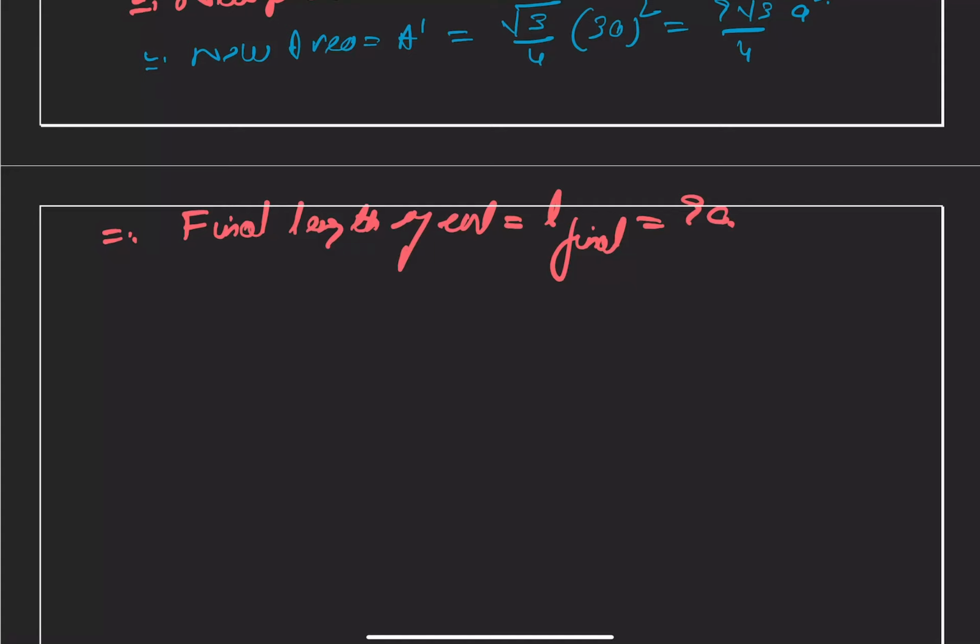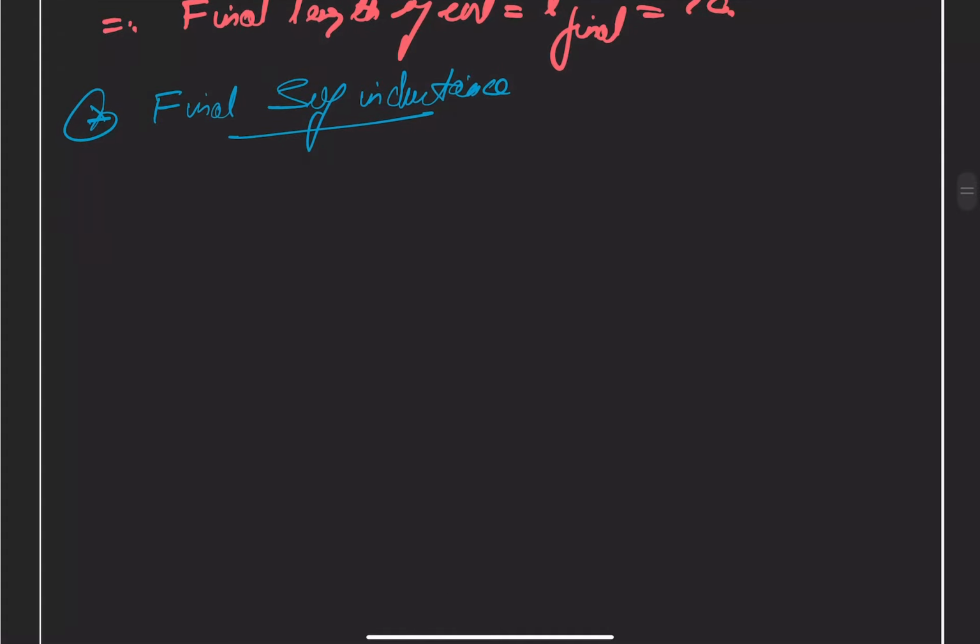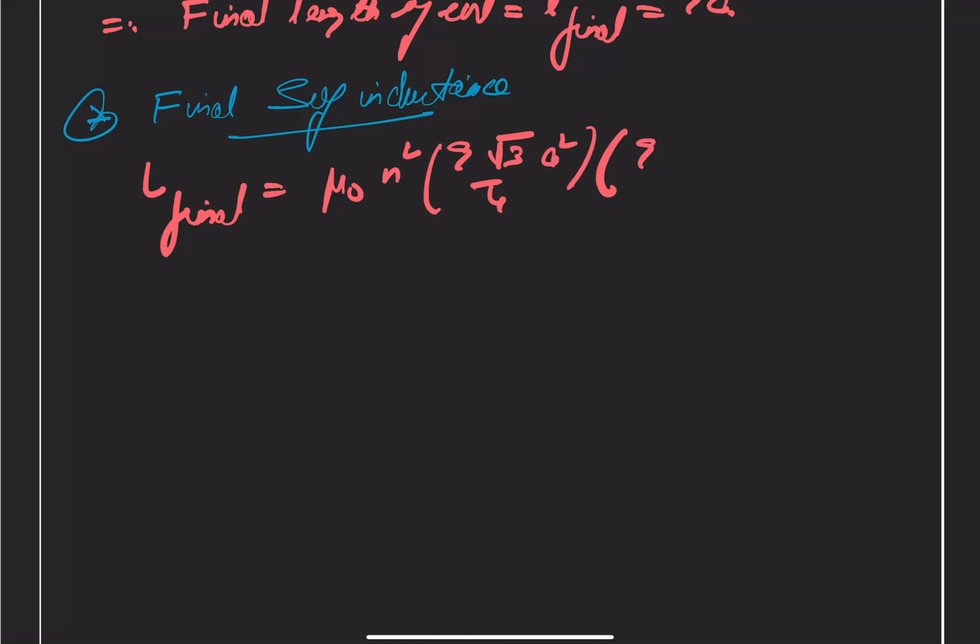Now we can calculate the final self-inductance, and we simply modify the formula. L final will be equal to, number of turns are same, square root of 3 divided by 4 times 9 A square, and length is 9 times A, and we can find out the ratio.